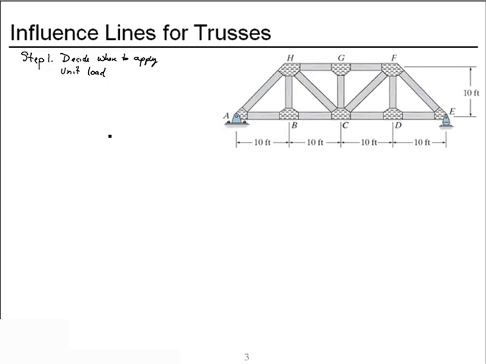If we miss an important point, it'll change the shape of our influence line. In this case, we're going to apply the unit load at B, C, and D. We're going to skip A and E because when a force is applied at the supports, there's no load generated anywhere in the truss.